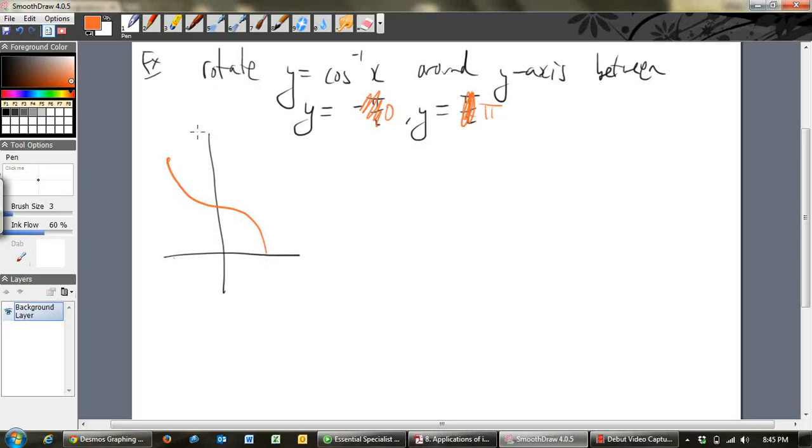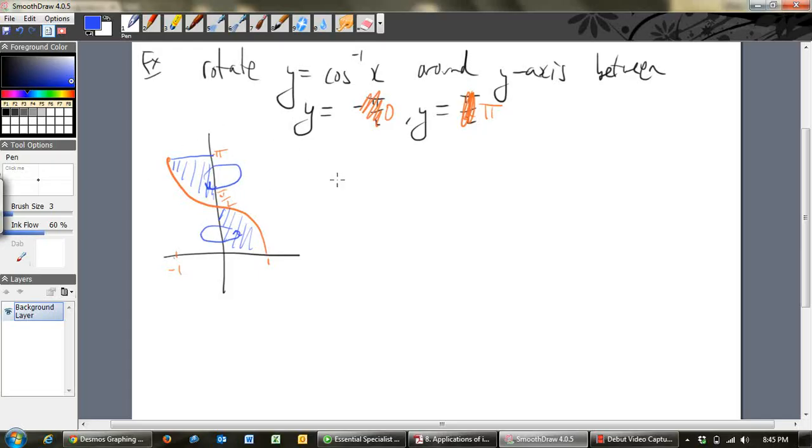Between 0 and pi. Let's have a look at this, what happens when we rotate this around. So that is pi on 2. That is pi. There's 1, there's -1. Okay, so we want it between y is equal to 0 and y is equal to pi. What will that look like if you rotate that? If you get that area and that area there, that gets rotated around and that gets rotated around.